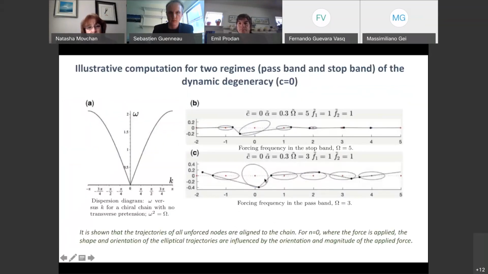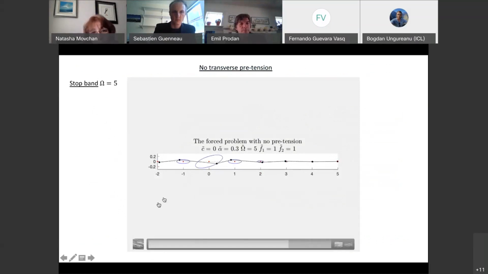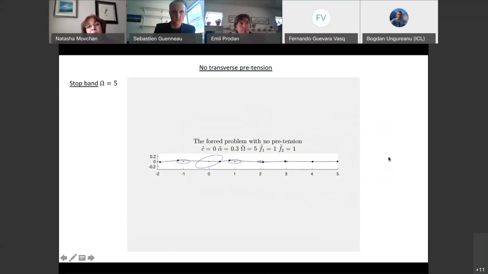I'm going to go straight to the movies for this particular case, which I referred to, for the 2 cases when we have the stop band frequency. We can see that for the first problem, we still have a similar picture, but here all the other nodes, except for the one where we apply the force, have elliptic trajectories with major axis oriented along the chain.